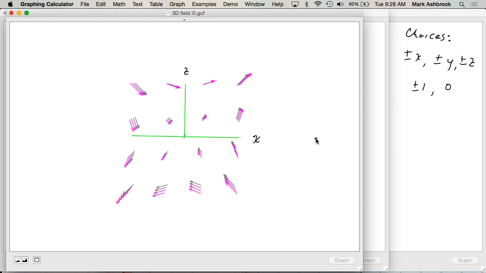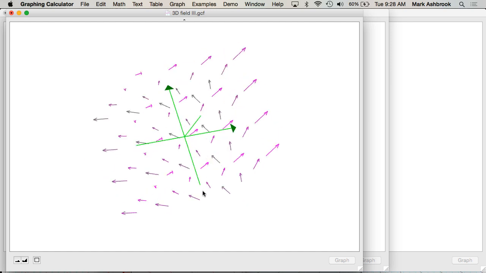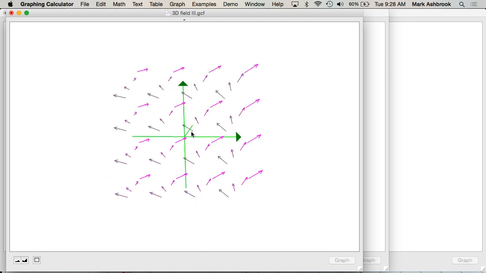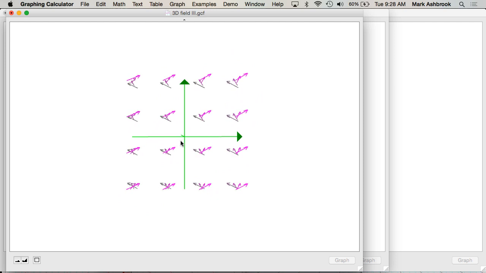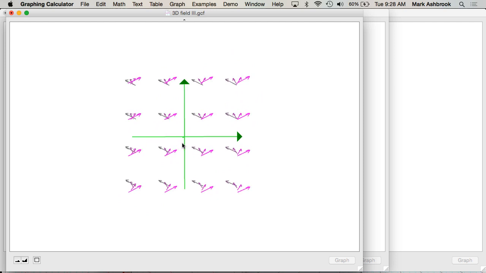Another view? Yes. Here's the xy plane. Again, the brightest pink ones will be the greatest z, closest to you. And then as you go back, as z decreases, they become more gray.